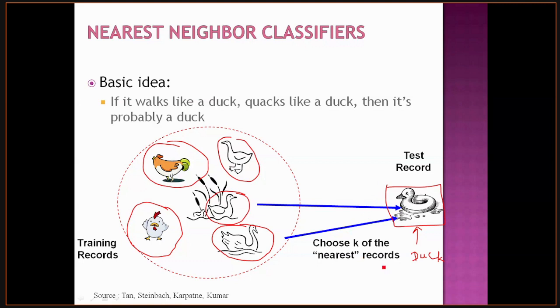And then I decide, and that is basically given by the value of k, that my closest k neighbors, or here closest two neighbors, are basically ducks. That means this one is also a duck. So this is the basic philosophy.